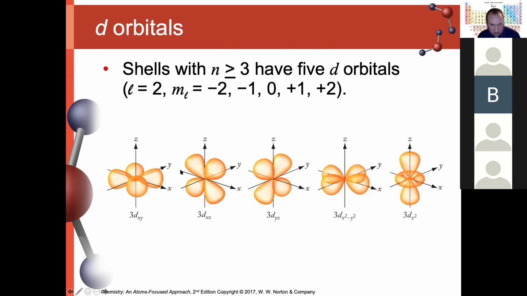You can see that there's a node along this line and a node along that line, where none of these cloverleaf lobes are actually touching each other. And so the spaces between the cloverleaf lobes are nodes.